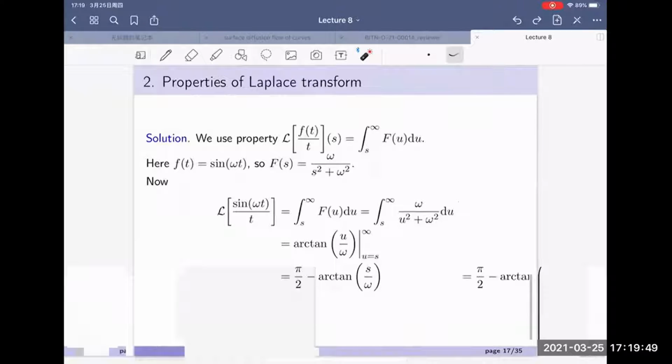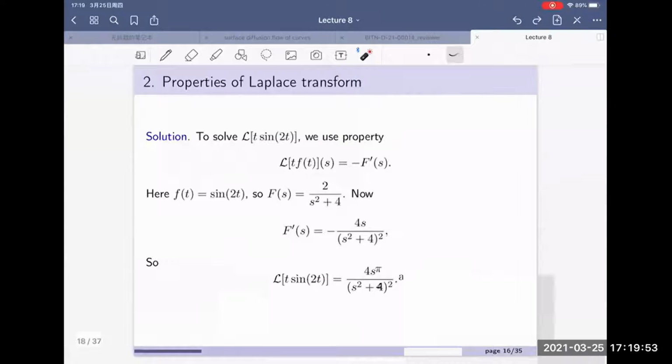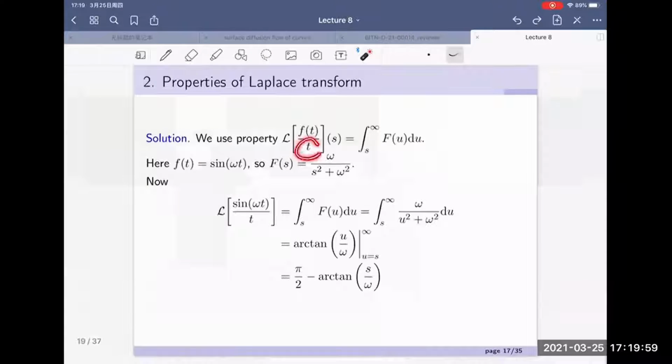And as I mentioned, if you divide the function by t, instead of multiplying by t, so this is multiplying a function by t, and this is dividing a function by t. If you divide it by t, then you should use this formula, because the antiderivative is just the integral. So this capital F would be the Laplace transform of the small f.